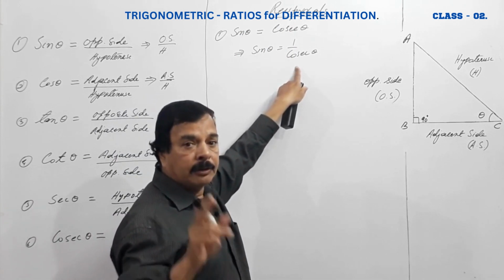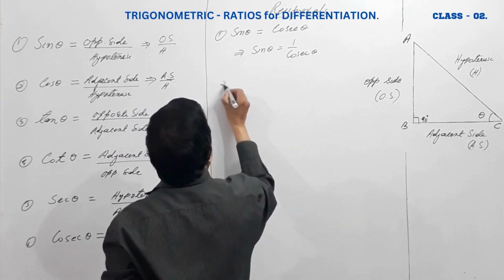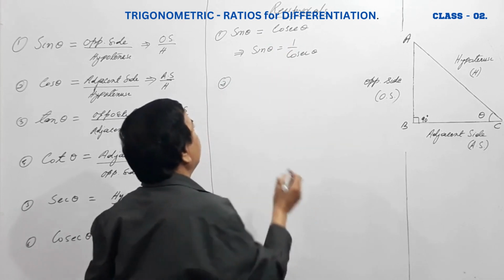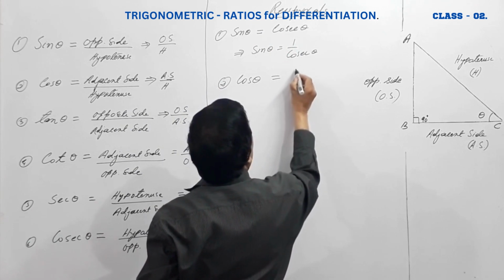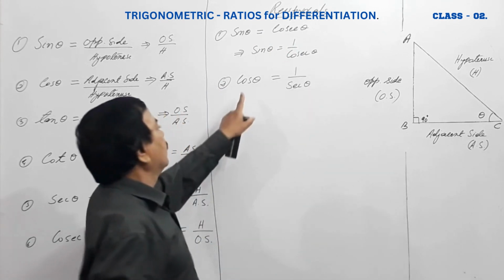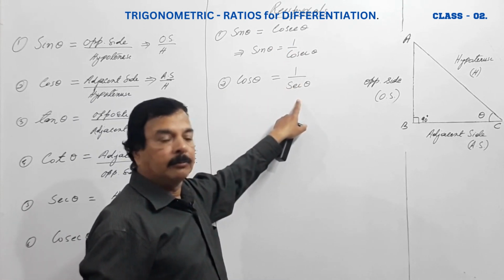This is the way you are supposed to write its reciprocals. Now, instead of writing all this, I will straight away start writing them. Next, cos theta. The reciprocal of cos theta is 1 by secant theta.